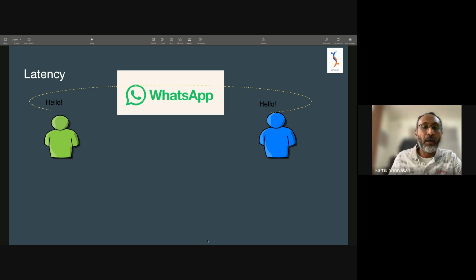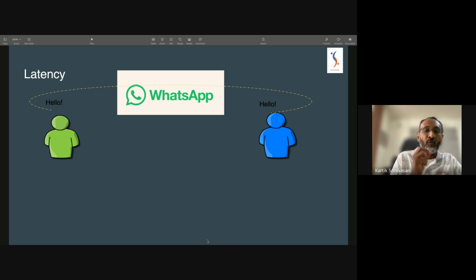So let's take an example, an illustration, and talk about what latency means for it. I have a very simple example over here. The green person is trying to make a WhatsApp call to the blue person, right?